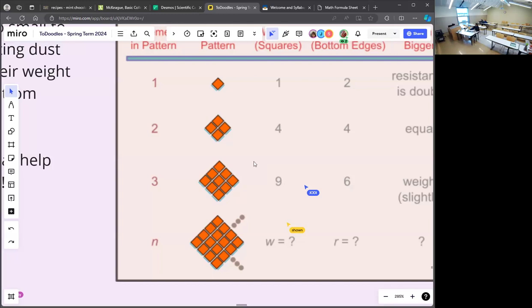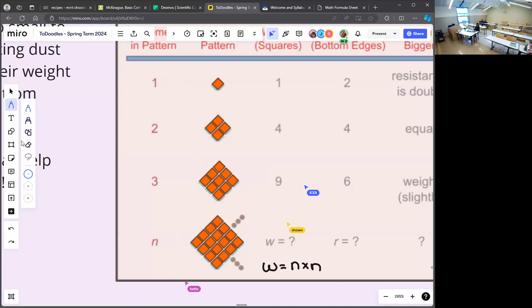So the pattern for how many squares are in the dust particle, that one we saw before. The weight is about n times n, right? 3 times 3 is 9, 4 times 4 is 16, and so on.